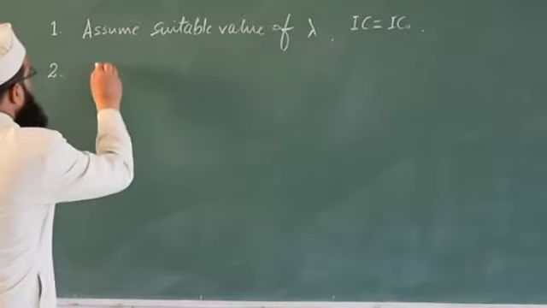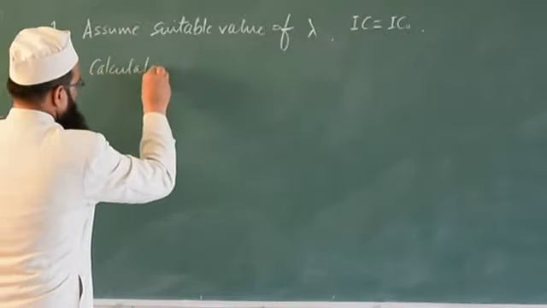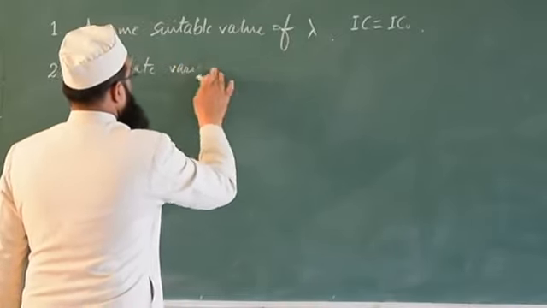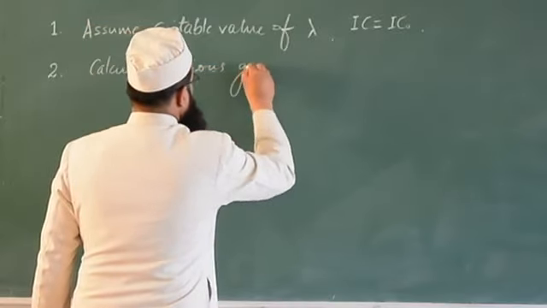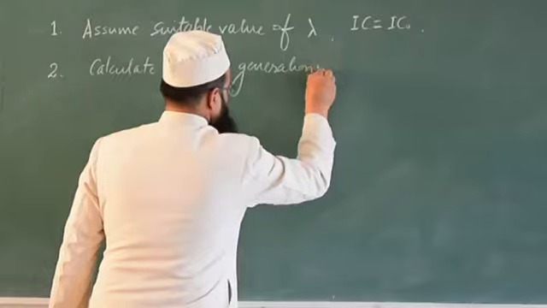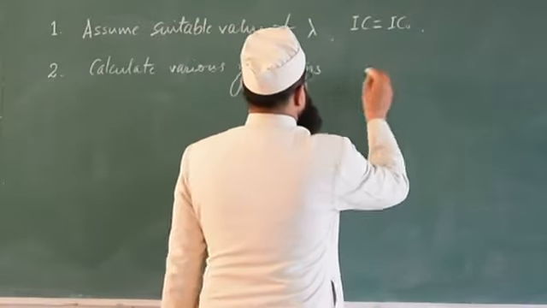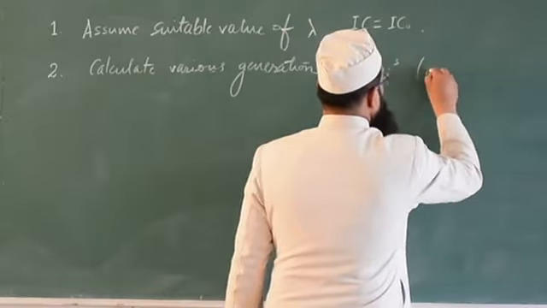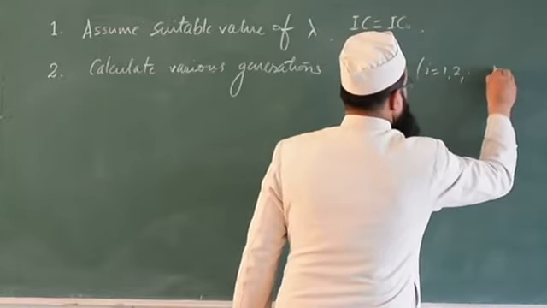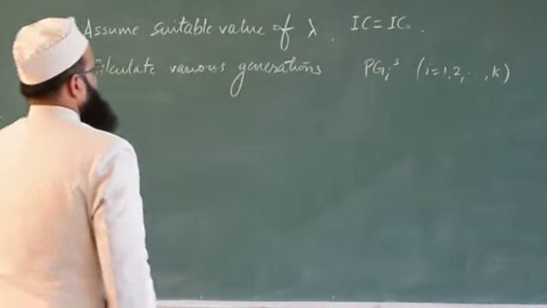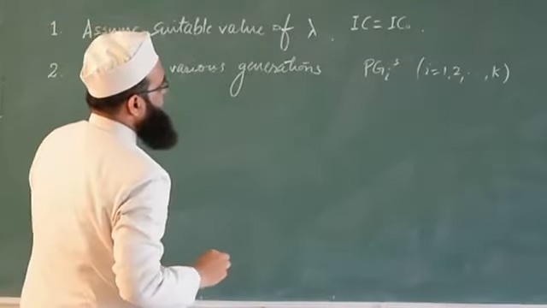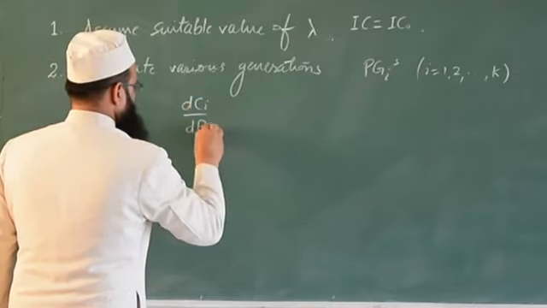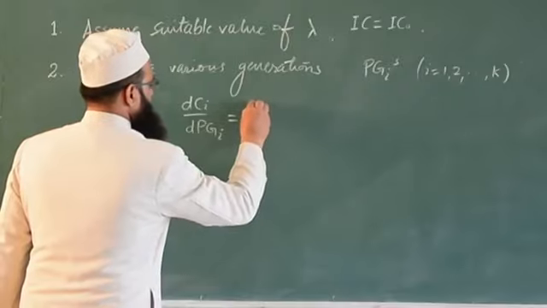Step number 2: calculate the various generations, say PGIs, for I equal to 1, 2 up to the number of generating units k, using the equal incremental cost criterion, that is dCi upon dPGi is equal to lambda.